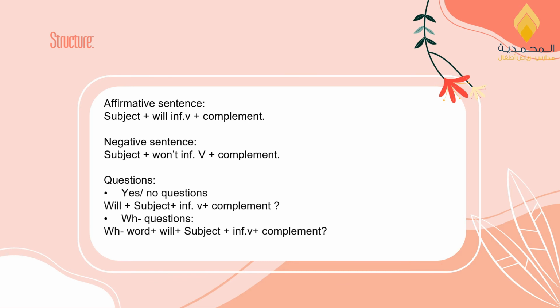Questions, in yes or no question, I did the same idea that we were talking about, which is switching between will and the subject. WH question starts with a WH word, followed by will and subject, infinitive form of the verb plus the complement. So this is for the structure where I am using will in the sentences and questions.